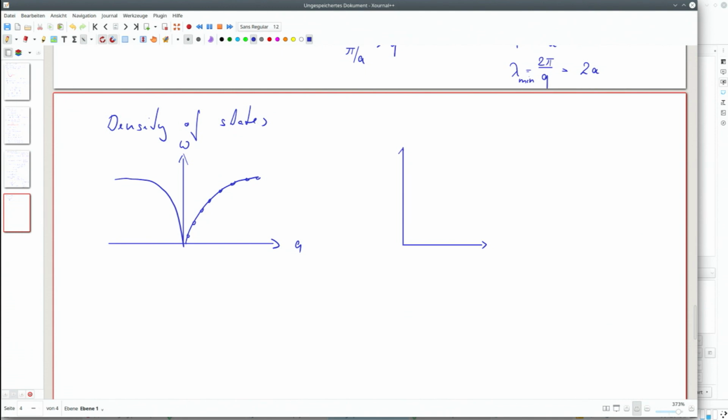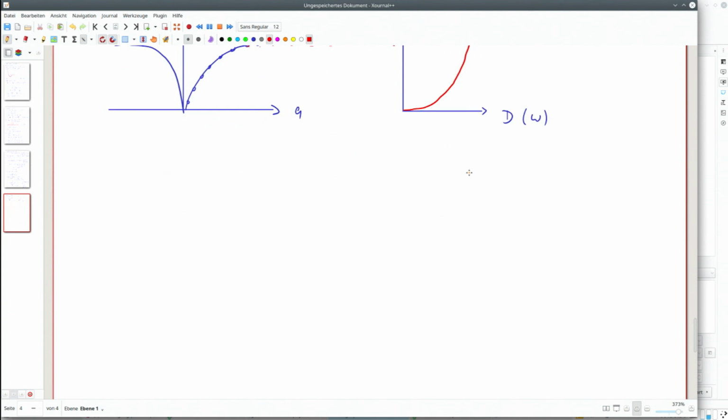I just invert the axis here for this density. Normally one would put the d of omega as a vertical axis, but I wanted to show it here. So you have a density which is very high here, and here you have a density spacing which is very low. So you expect something like this. And normally, of course, you plot it the other way around.